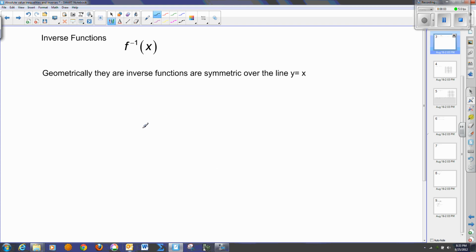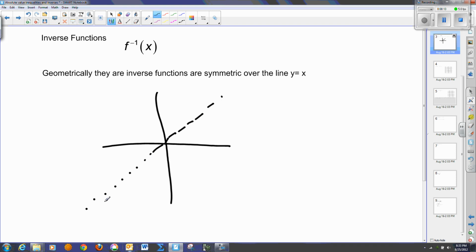Geometrically, inverse functions are symmetric over the line y equals x. So if this is my xy axis, the line y equals x is this diagonal line here. If I graph a function, for instance, this here, and that's my f of x, it will be symmetric to its inverse function over this line.